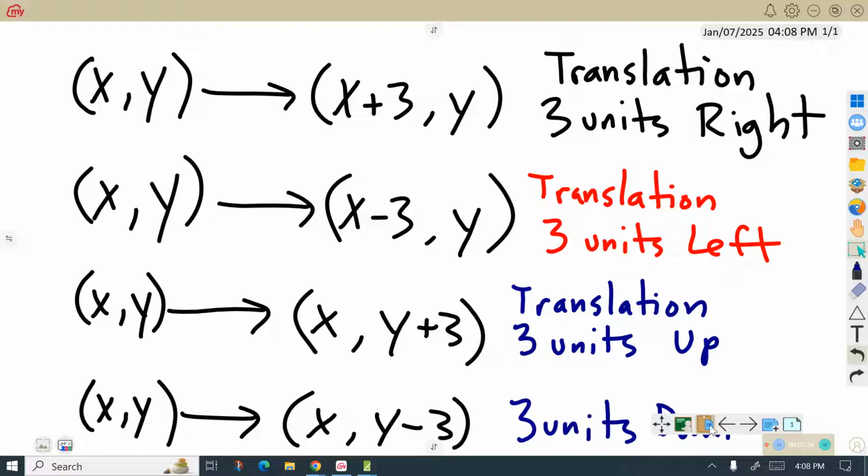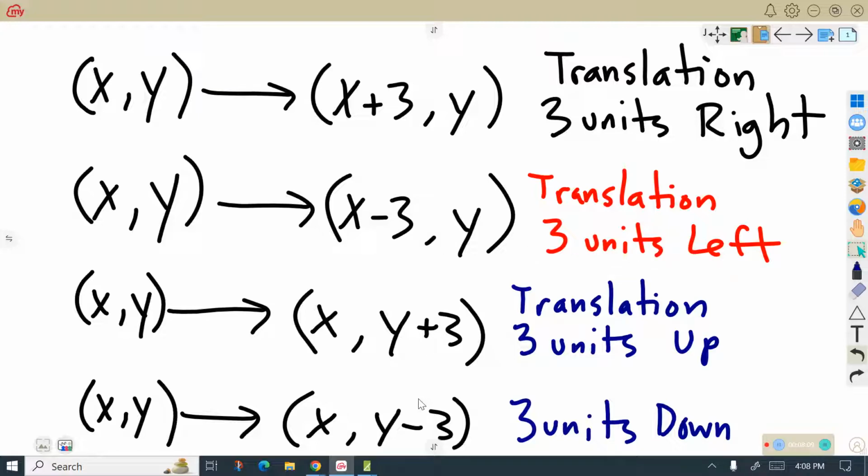You want to maybe take a screenshot of this or digest this right now and understand that the number that goes in the entry with X, the one on the left, is telling me how the X changes. So this one is saying that X will change into X plus 3, which means I have to move to the right. Whereas this one tells me X's change is going to be minus 3, so that means that we'll go to the left instead of the right.